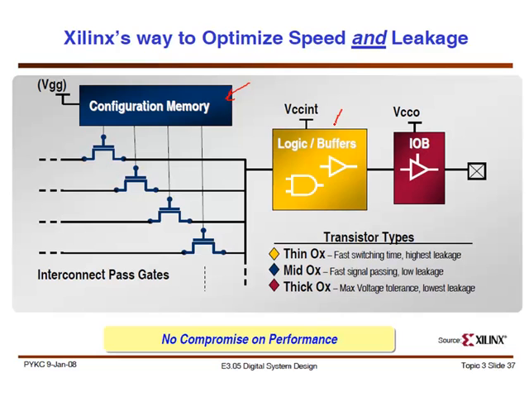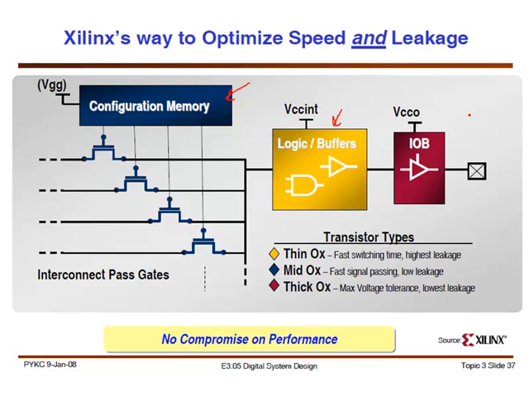But the logic that actually is going to do the computation, you want that to be fast. So you would use thin oxide, which does a lot of leakage. And for I/O blocks, you want your maximum voltage tolerance, lowest leakage. So you would use a thick oxide there. So by using the different oxide thicknesses, they can provide a good mixture of performance and reduce leakage.